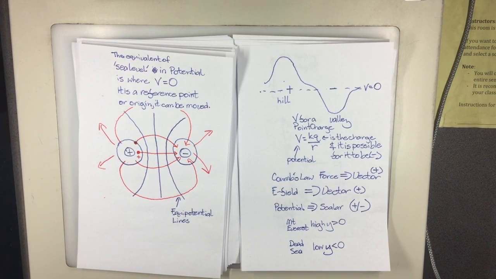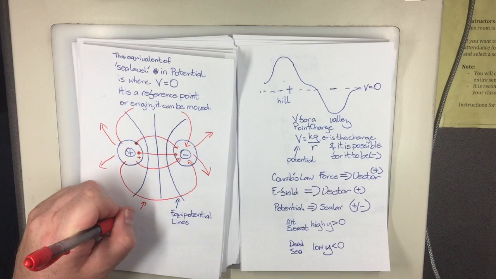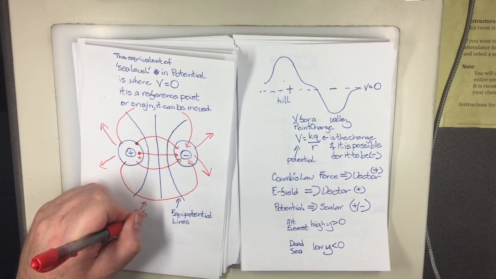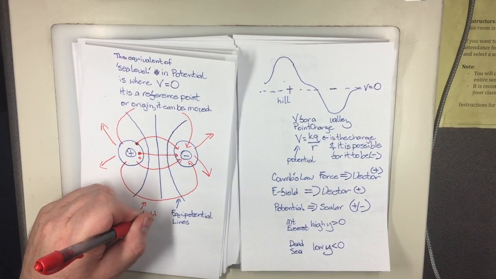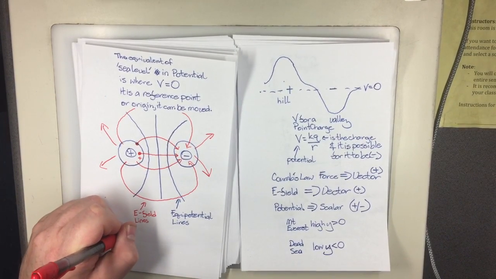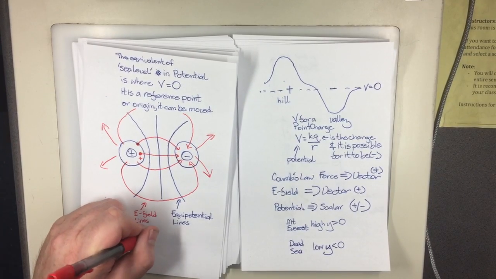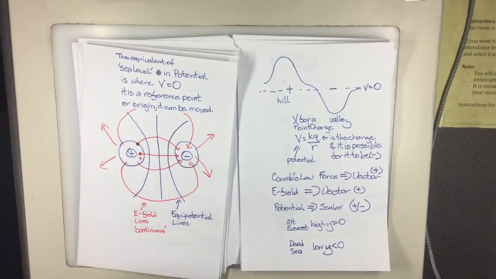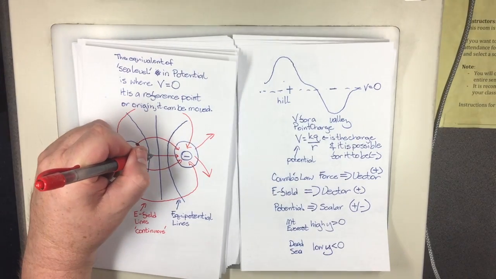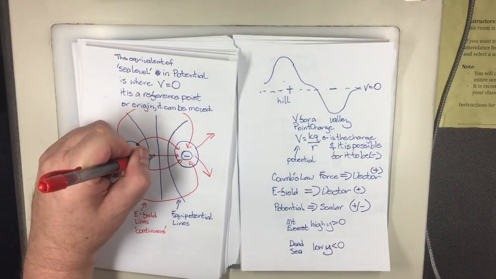These red lines are the E-field lines. Now, the way that they're drawn right now is they are drawn in a continuous fashion. Really what you do is, if you wanted to know the E-field at that particular point, you look at where the line is headed at that particular point.